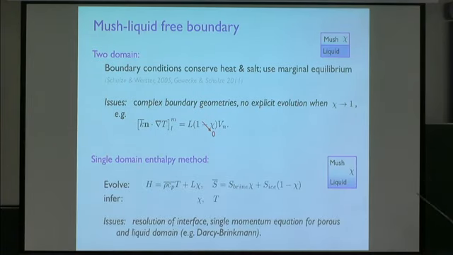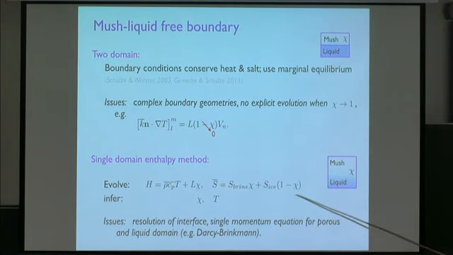So there's another approach you can use, and it's often used in computational simulations, a so-called enthalpy method. Here, rather than evolving temperature and salinity, you actually evolve the enthalpy, which has specific heat and temperature, and the latent heating contribution.